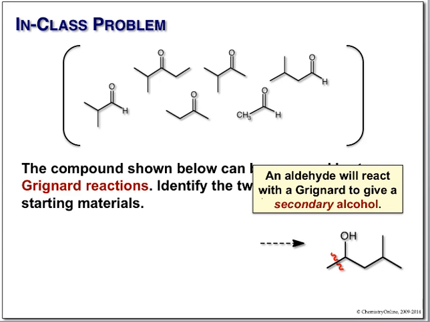The aldehyde has a 1, 2, 3, 4 carbon parent, methyl group in carbon number 3, and it looks like that. The Grignard is simply this 1-carbon chunk. 1-carbon chunk is methyl magnesium bromide.